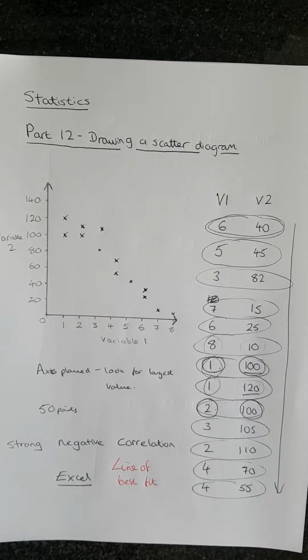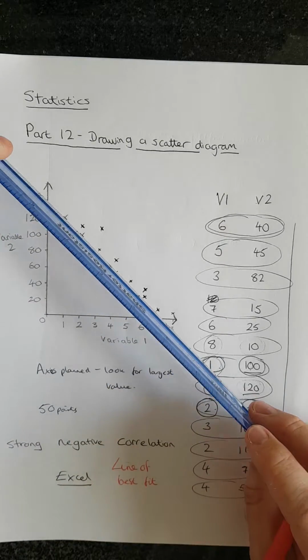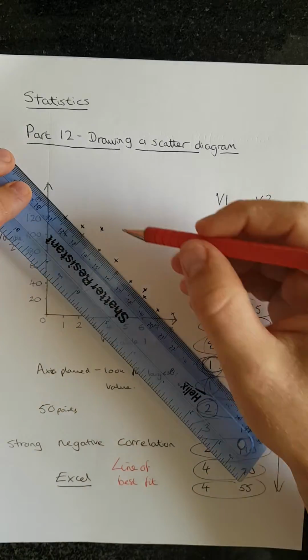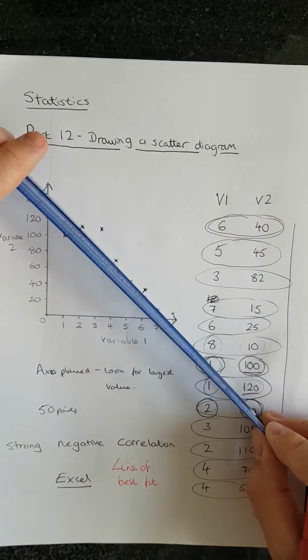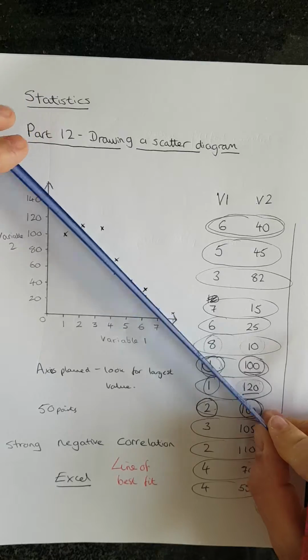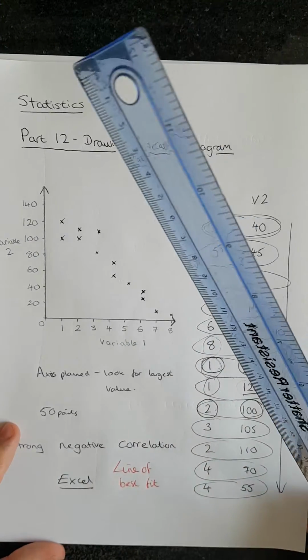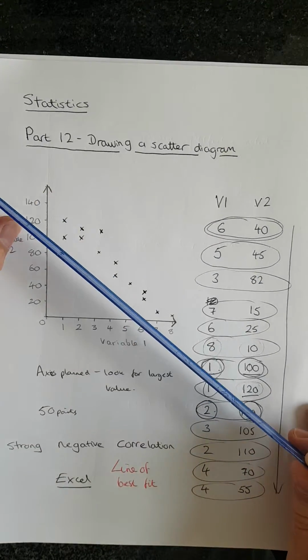Now actually, lines of best fit can be calculated in very complicated manners. And the aim is actually to reduce the distances above and below the line to as small as possible. Now a rule of thumb you might hear is get half the points on either side.